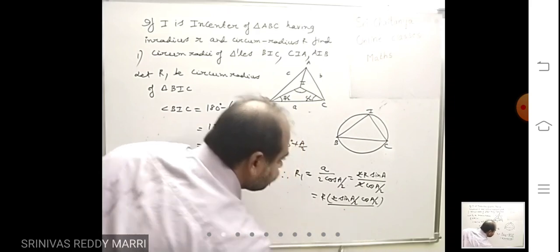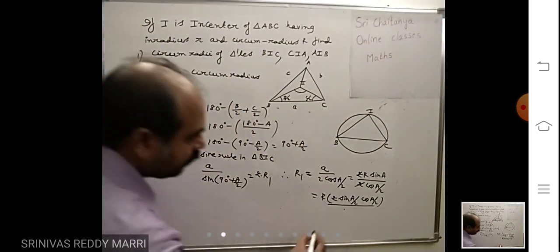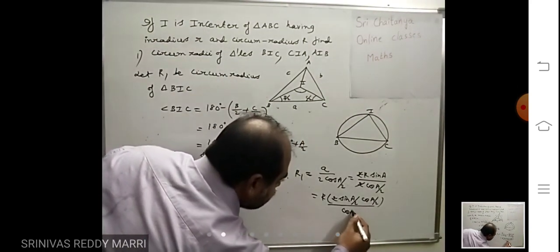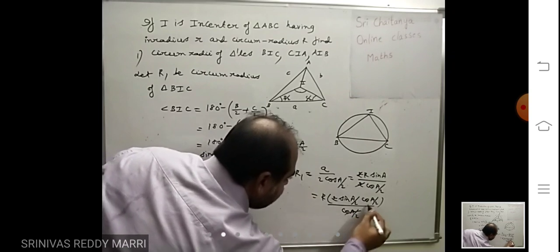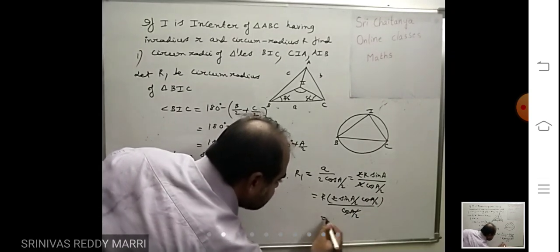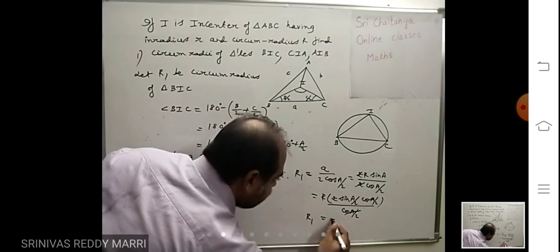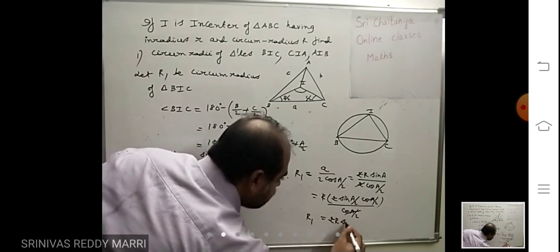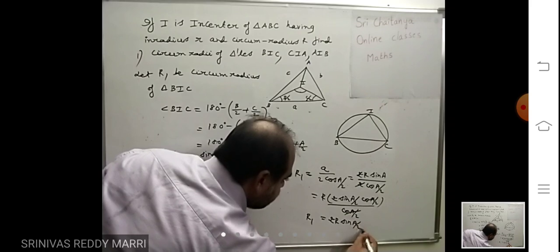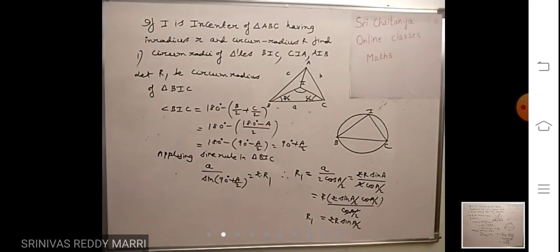So cos A by 2 divided by cos A by 2 cancels. Therefore R1 is 2R sin A by 2.